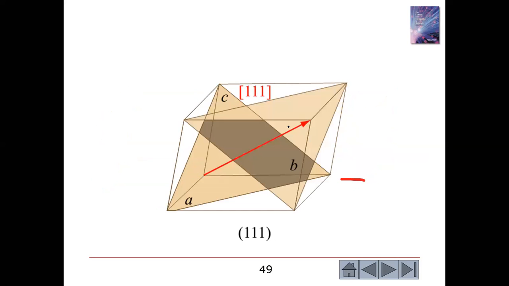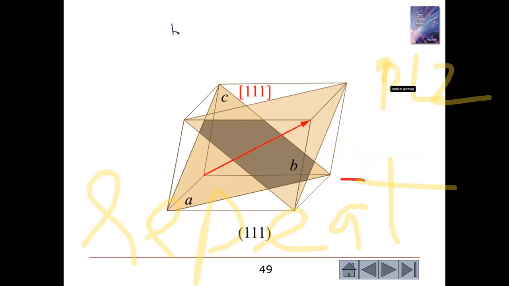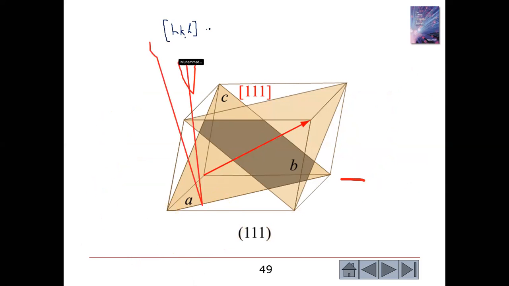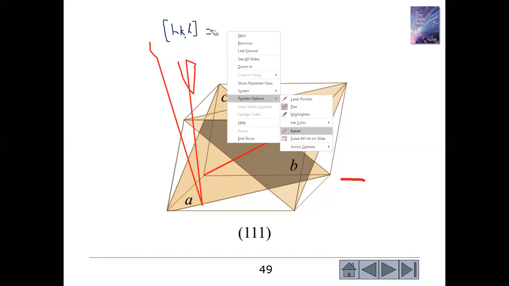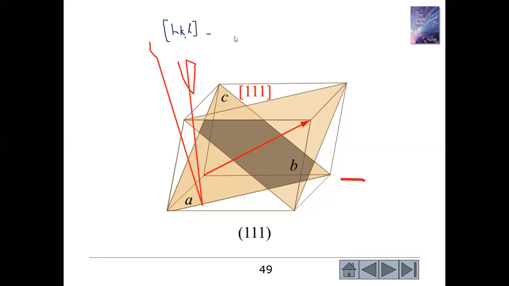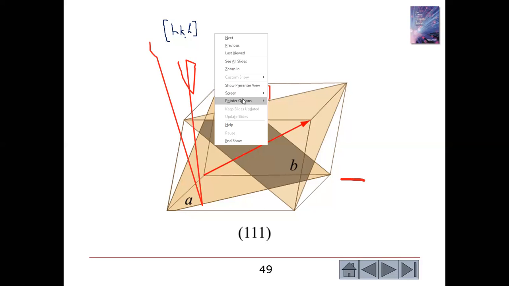Okay, so then we have another property. Let's call it property. If you look at this, you would find that a direction, HKL, where I'm representing the Miller indices with HKL, is perpendicular to a plane of similar Miller indices.